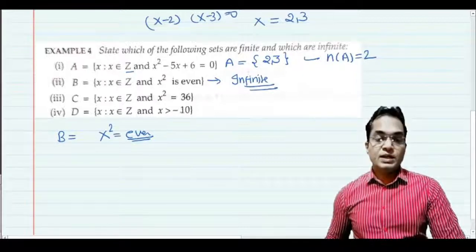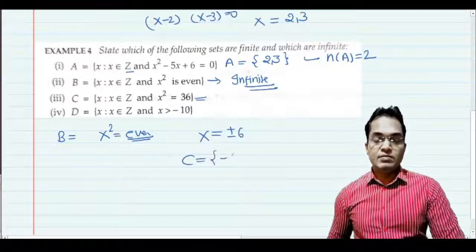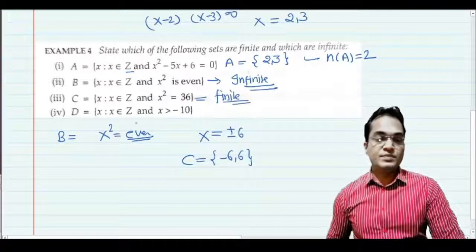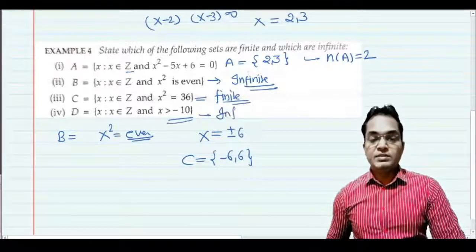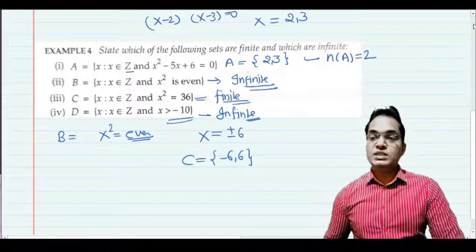And here x square equals 36. We can easily solve: x equals plus minus 6. Your set C represents minus 6 or 6. Again the cardinal number is fixed. This is a finite set. And in this, x is greater than minus 10, and there are many numbers which are greater than minus 10.